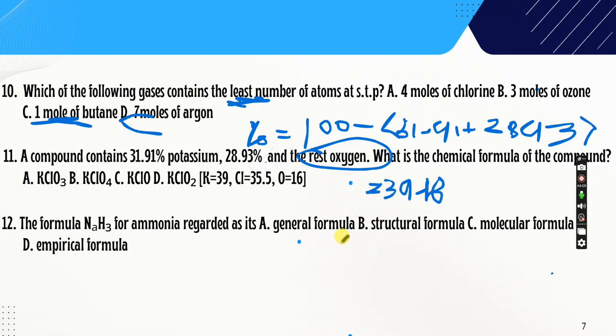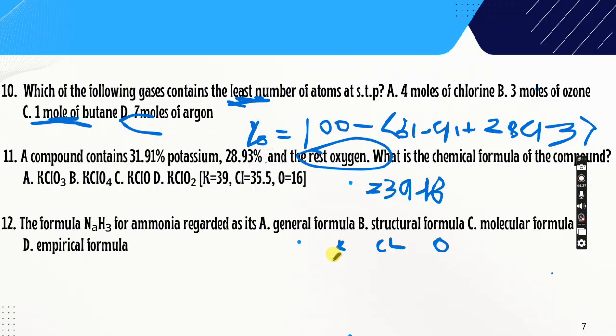So we can go ahead and try to calculate the particular element now. In the empirical formula, we have potassium, chlorine, and oxygen.